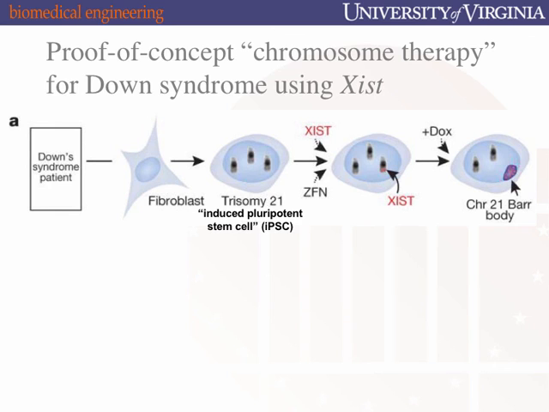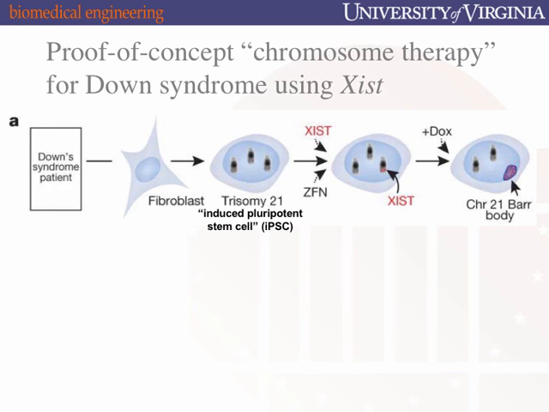So you take these fibroblasts, and then these investigators genetically engineered them with transcription factors that collectively reset the epigenetic state of the fibroblasts and allow them to go back in time to become what's called an induced pluripotent stem cell. These are very close to the original embryonic stem cells that give rise to all the differentiated tissues in an organism.